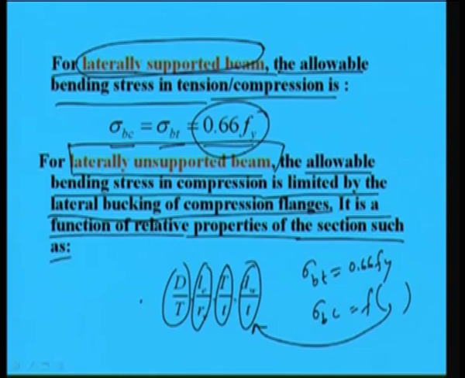Those parameters are the d by T ratio, Le by ry ratio, T by t ratio and dw by t ratio. This is the difference we get between laterally supported and laterally unsupported beams. However, in today's lecture we will focus only on the laterally supported beam.